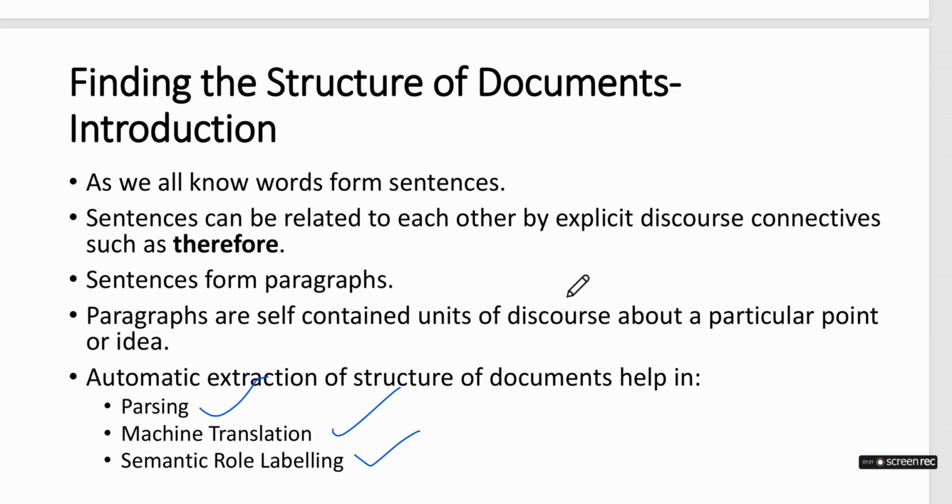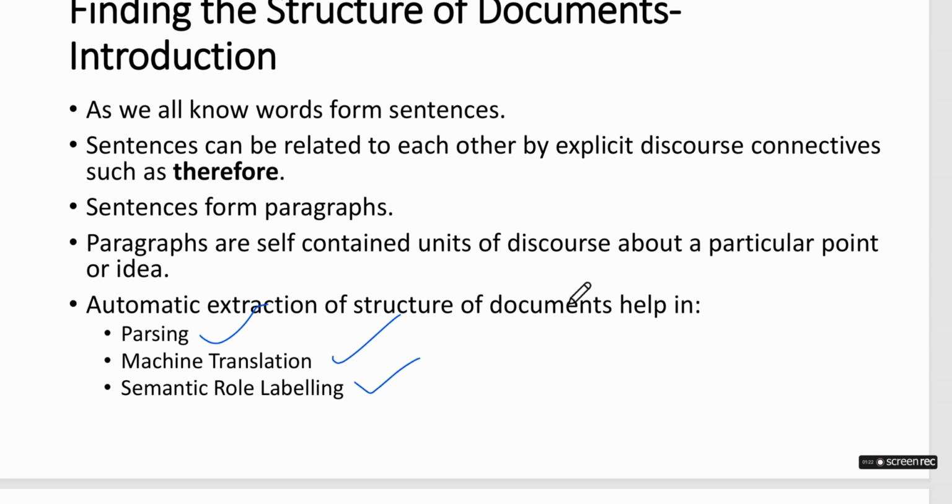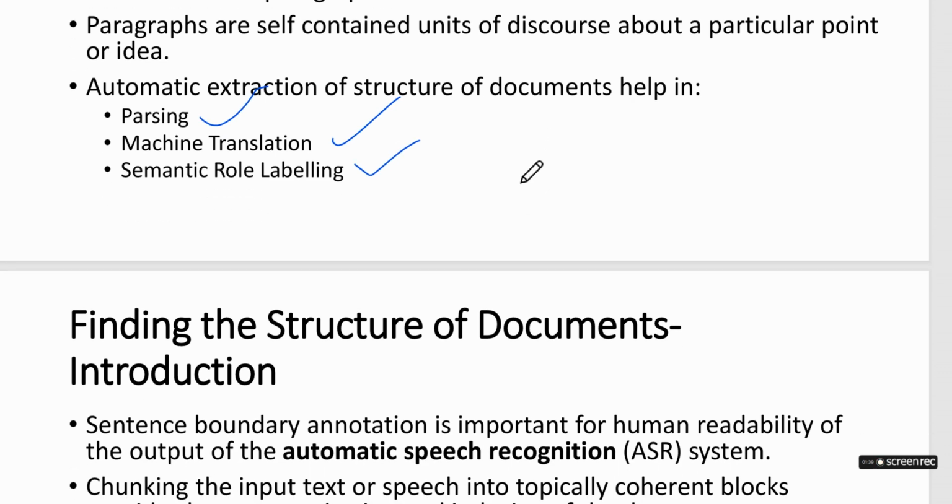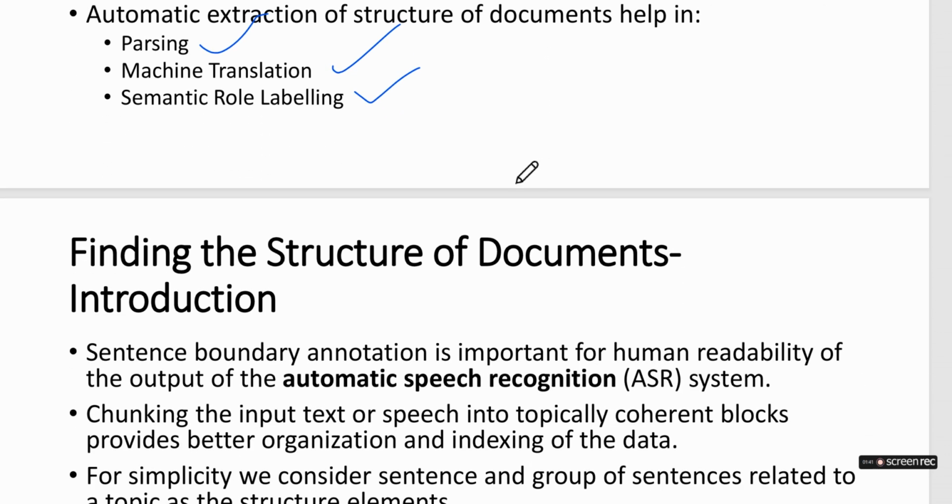So in finding the structure of documents, we need to divide the sentence or the document content into chunks. Chunks are nothing but small individual blocks. For that purpose, as I said, we need to go for the segmentation procedure.